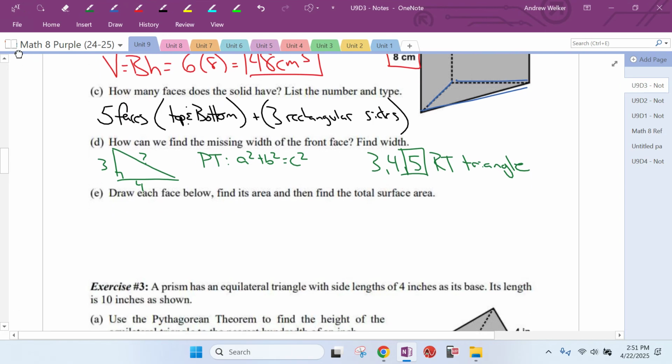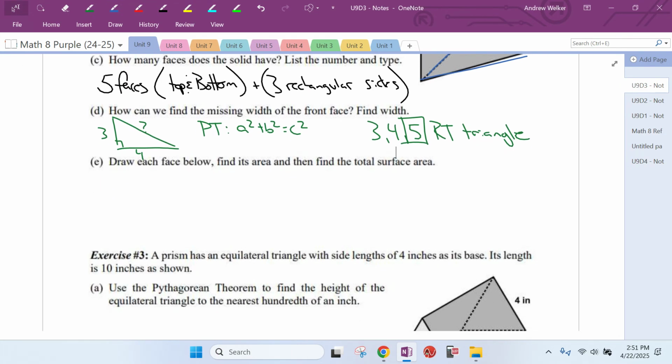So last but not least, they want us to draw each face below and come up with the total surface area. So top and bottom are both right triangles that are 3, 4, and 5, but the area of this would be half base times height, or half of 3 times 4.